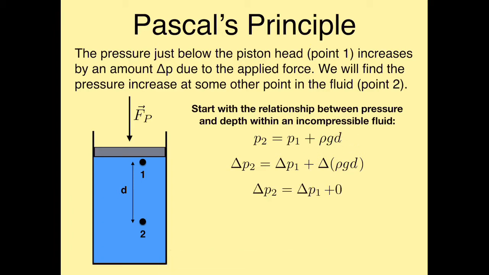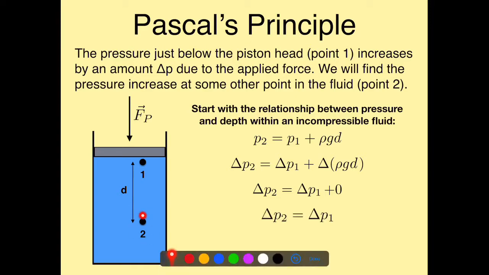Well, here's the thing about that last term. Rho is the density of the fluid, g is the acceleration due to gravity, and d is that distance down that we go. None of these are changing as a result of pushing down on the piston. All of these are just constants which are staying the same throughout this process. So the delta, or the change in this quantity, is 0, which tells us that delta P2, the pressure increase down here, is the same as delta P1, which is the pressure increase up here.